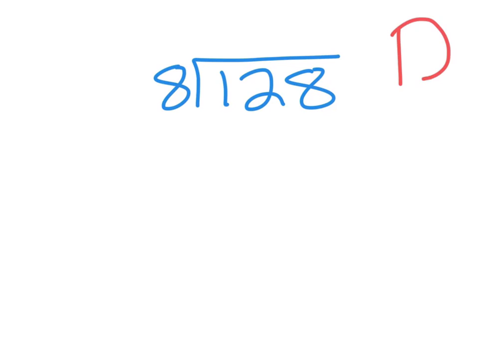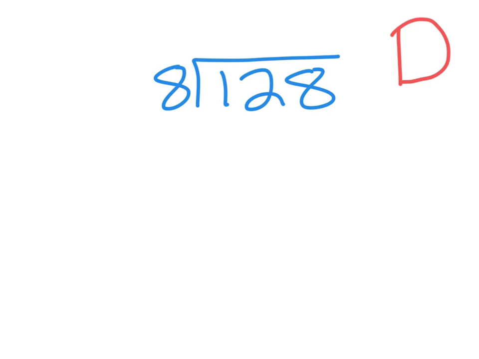Okay, we're back to 128 divided by 8. The first thing we have to do is know where to put our first digit. And to do that, when we're dividing, we of course divide first. That's the first step. So you have to ask yourself, can we divide 1 by 8?